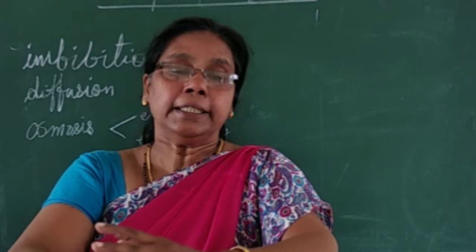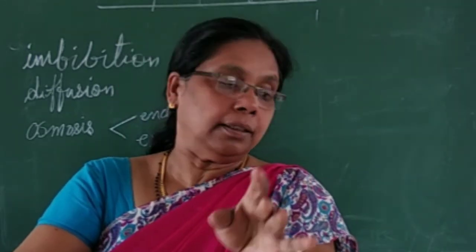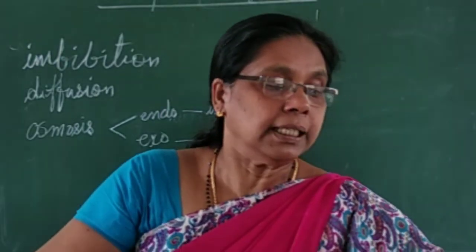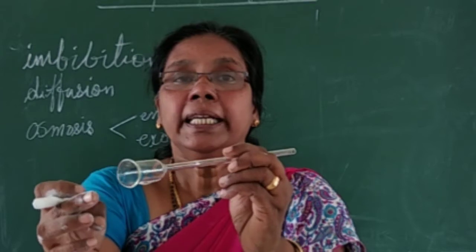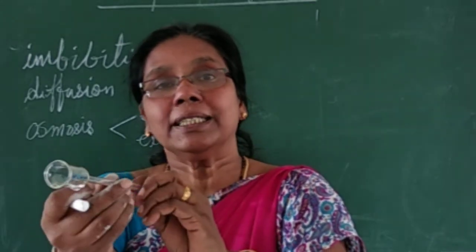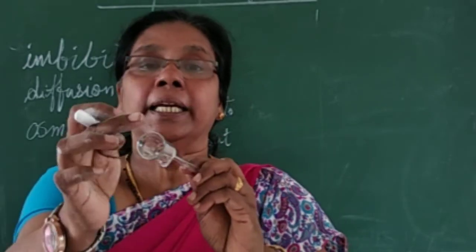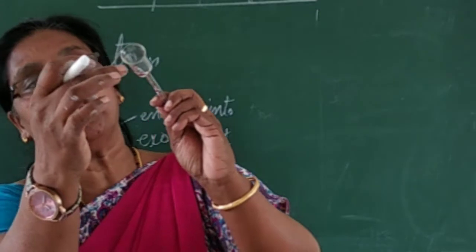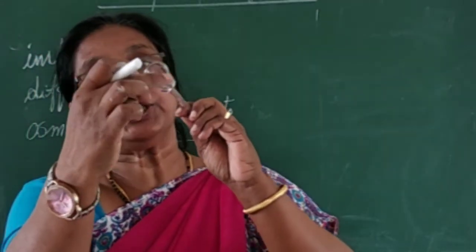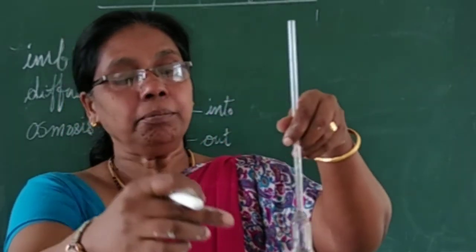So you can see that here, in the mouth of this thistle funnel, you have taken cellophane paper. Instead of that, you conduct the same experiment with a rubber sheet. In the first case, instead of cellophane paper, you use a rubber sheet to tie the mouth, and then the same in the beaker.